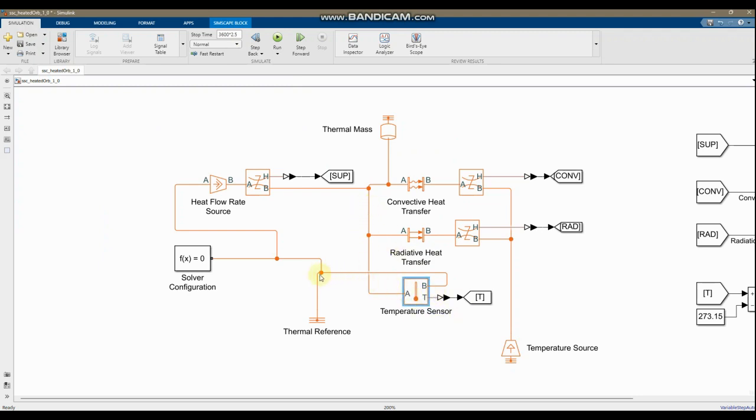As you can see, I have connected one node to the thermal reference and the other node right after the heat source. So this is where port A is connected to, and that is directly connected to the thermal mass. So what this temperature sensor would output is the temperature of the thermal mass.